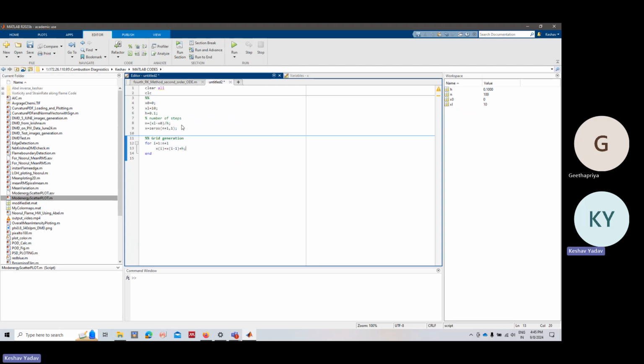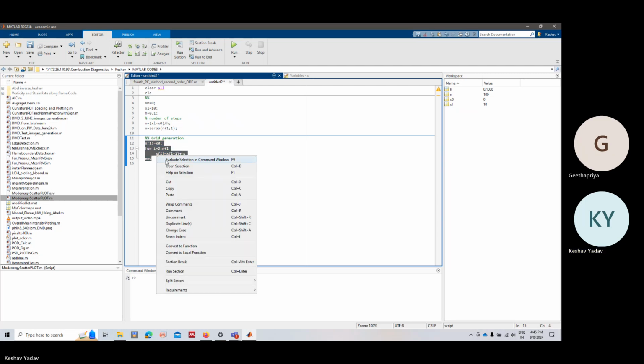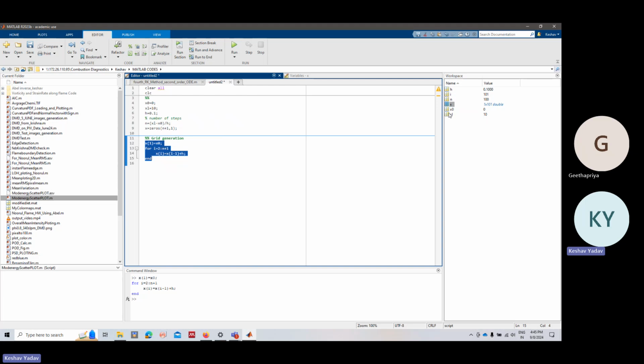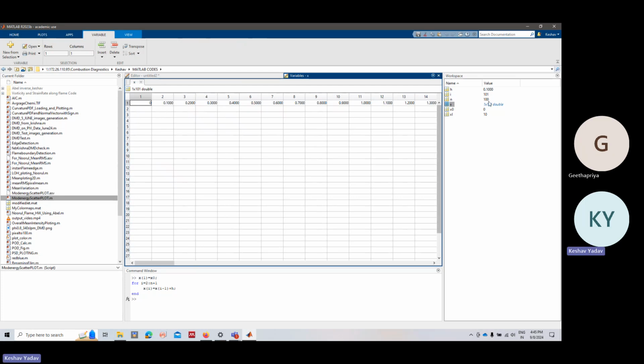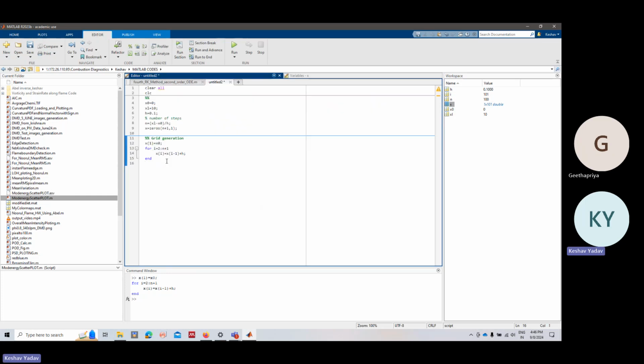Now there is one trick: I will start from i equal to 2, and I know x1 will be x naught. Now if I run this, it has run. If I check x, there are 101 elements. So I have discretized the domain now.